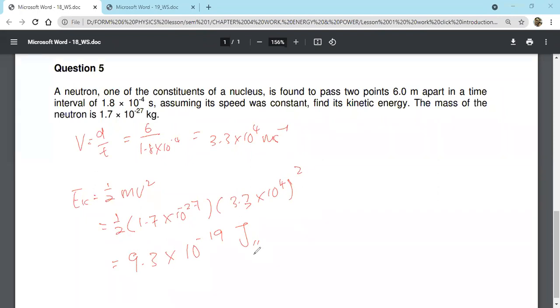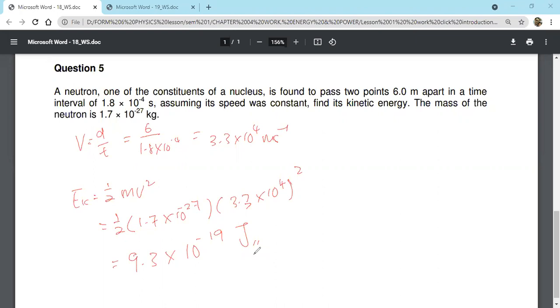Okay, for the neutron, if they didn't ask us to convert to the unit of eV, no need to convert. Just leave the answer in joule. Except if they ask us to convert to eV, then use the 9.3 times 10⁻¹⁹ joule divided by 1.6 times 10⁻¹⁹, so we get the answer in eV.